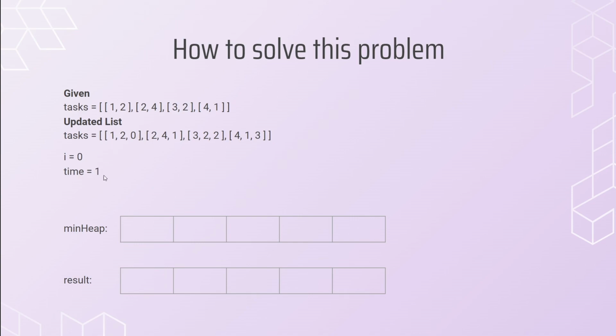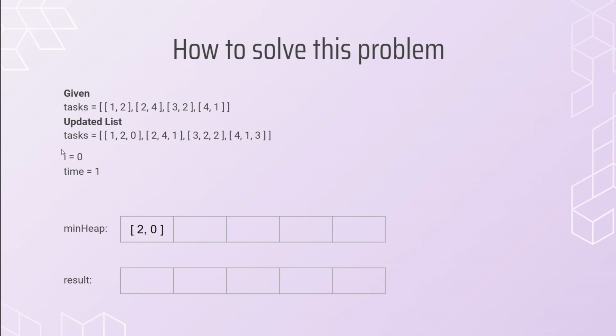So time is greater than or equal to 1, and because it is true, we want to push the processing time and the index value as a list inside of our min heap. Because time is greater than or equal to the time for the 0th index, which is 1, we put the processing time and the index into the min heap. In our case, we get 2 and 0.